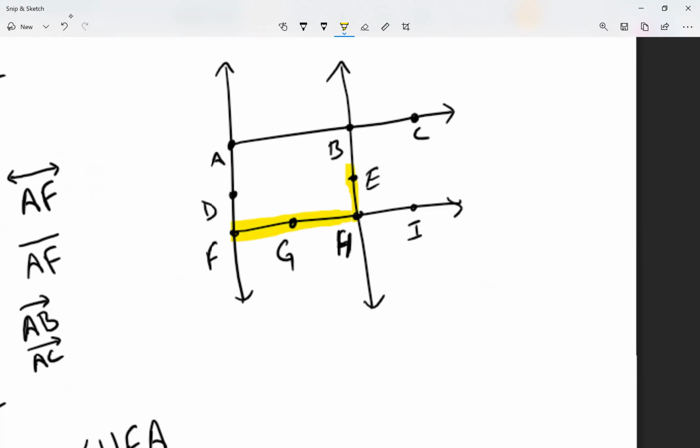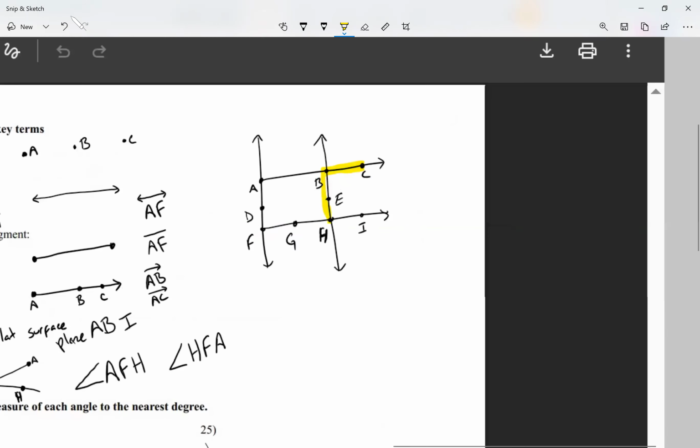FHE. Okay, created a corner. That's good. How about CBH? CBH. Good. So this is how we're going to label it.